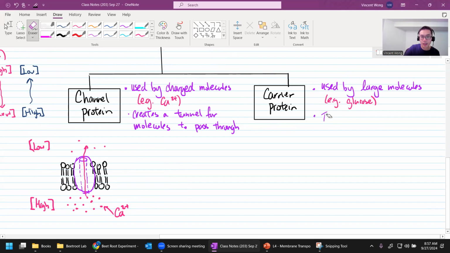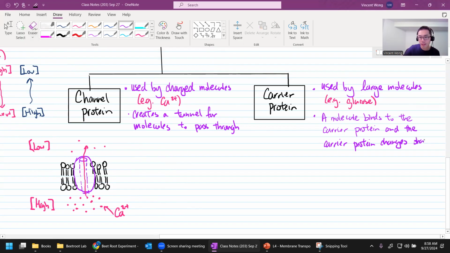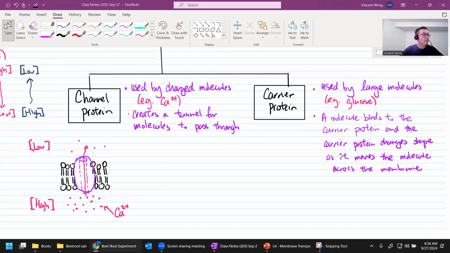So we can say a molecule binds to the carrier protein and the carrier protein changes its shape as it moves the molecule across the membrane. Okay, I'll explain. Just copy it down first.